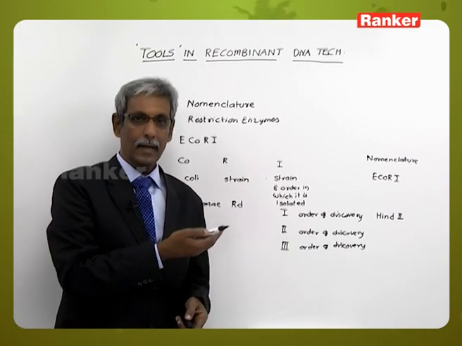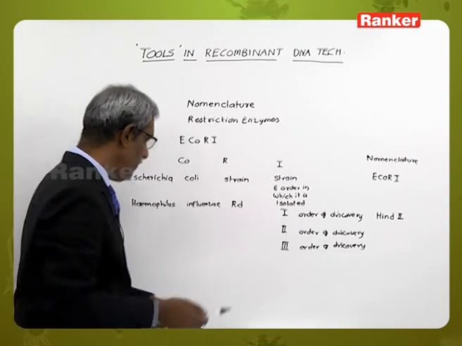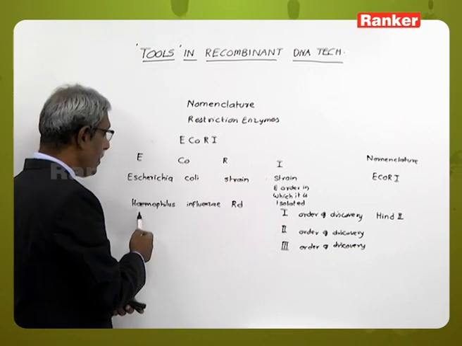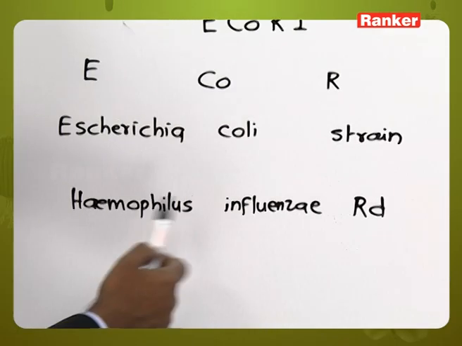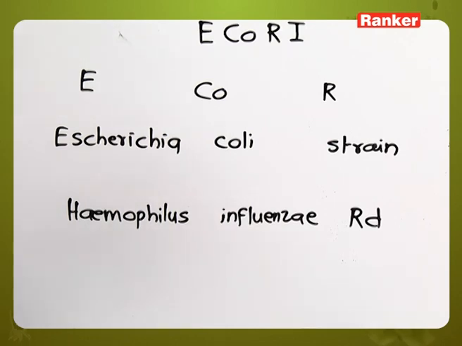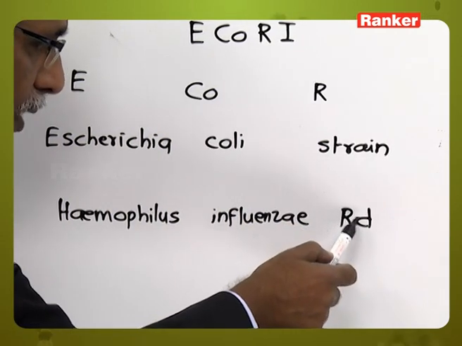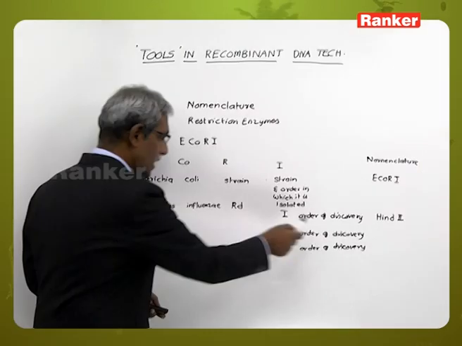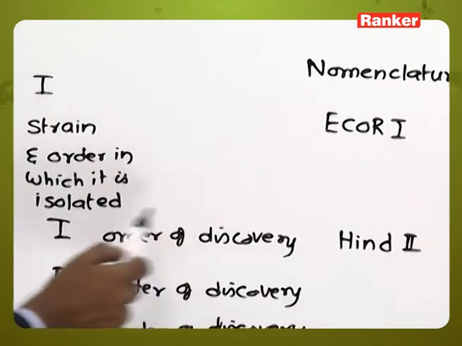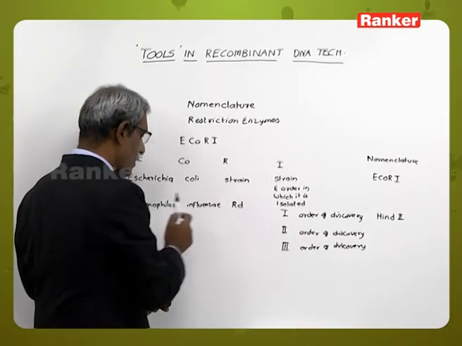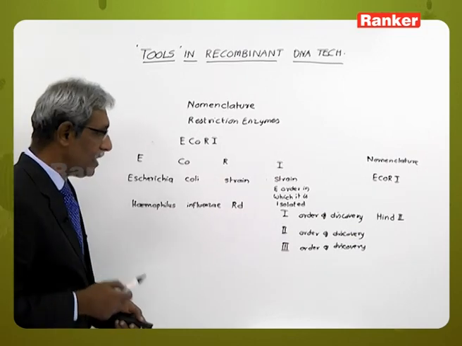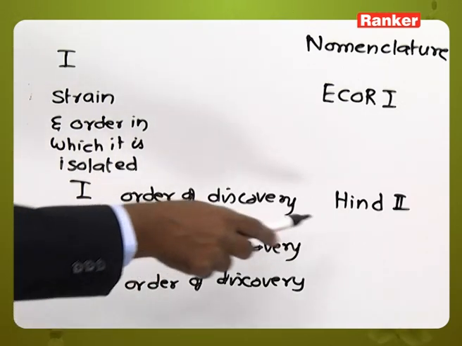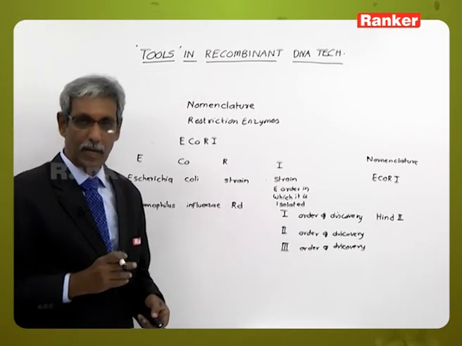Similarly, take the second example, HindII. It is a restriction enzyme derived from Haemophilus influenzae, which is the name of a bacteria. Haemophilus influenzae has a strain called Rd, taken as d, so the name is given as Hind. The first restriction enzyme discovered from Haemophilus influenzae is termed HindI, the second is termed HindII, and later you got HindIII.